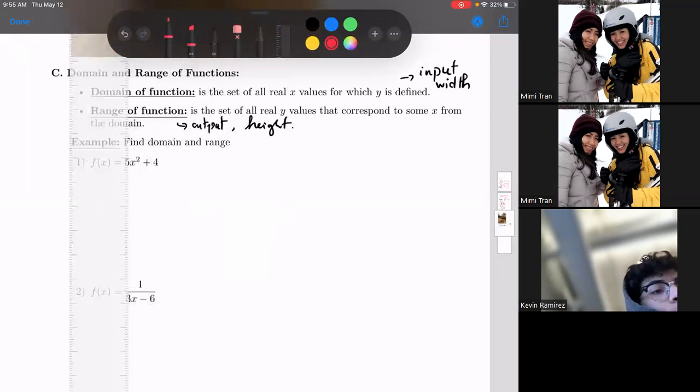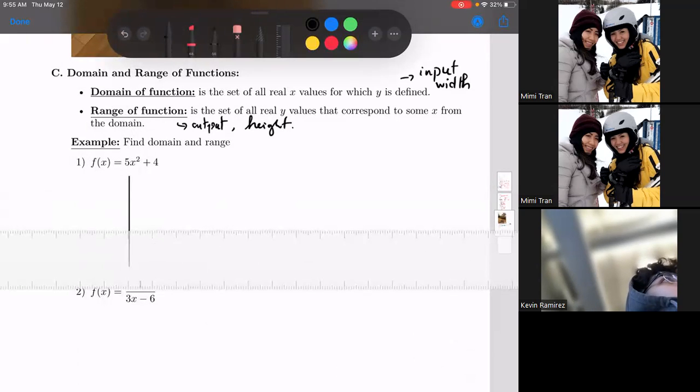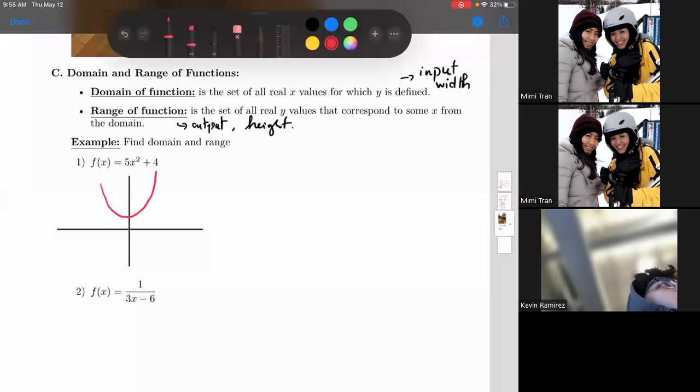I'm gonna graph it for you. On the exam, I'll give you the graph, but you have to tell me the range and domain. So the domain is everything. If you want to give me R script, that's fine too.